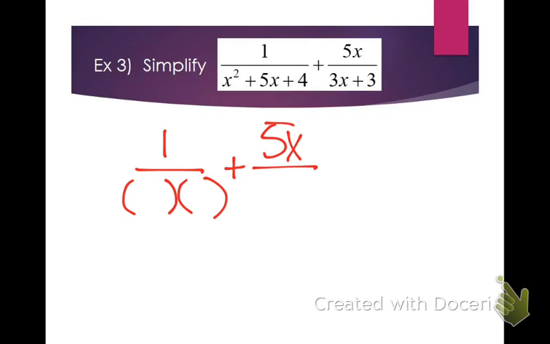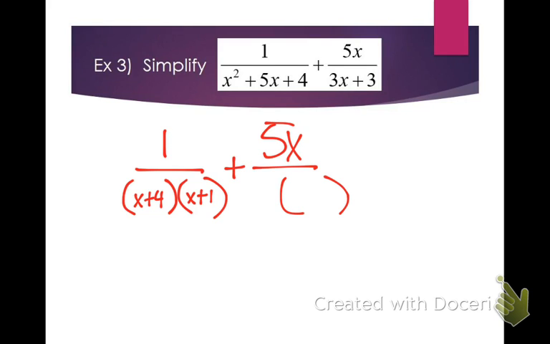Plus 5x over. Okay. I roughly set this up for us to factor it. What is my first denominator going to factor into? X plus 4, x plus 1.